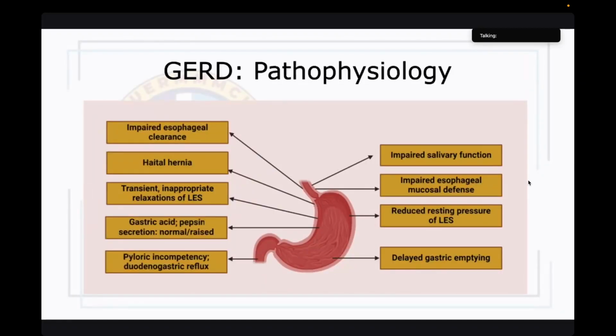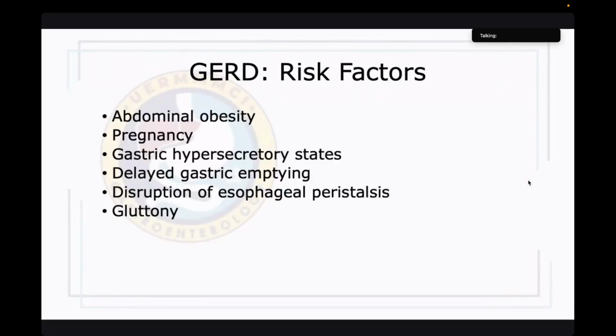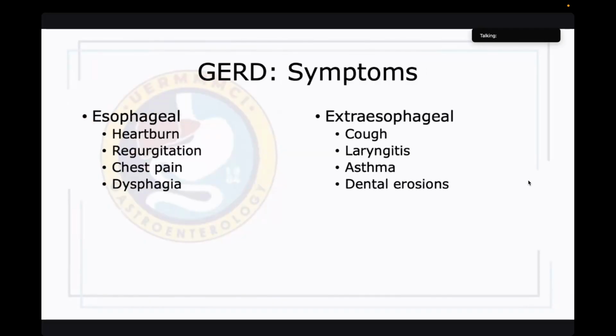Aside from the three dominant mechanisms that were already mentioned, there are also other factors such as impaired esophageal clearance, elevated gastric acid secretion, impaired salivary gland function, impaired mucosal defense, and delayed gastric emptying. And these are the factors that are known to exacerbate reflux regardless of the mechanism. The most common symptoms of GERD are heartburn and regurgitation.